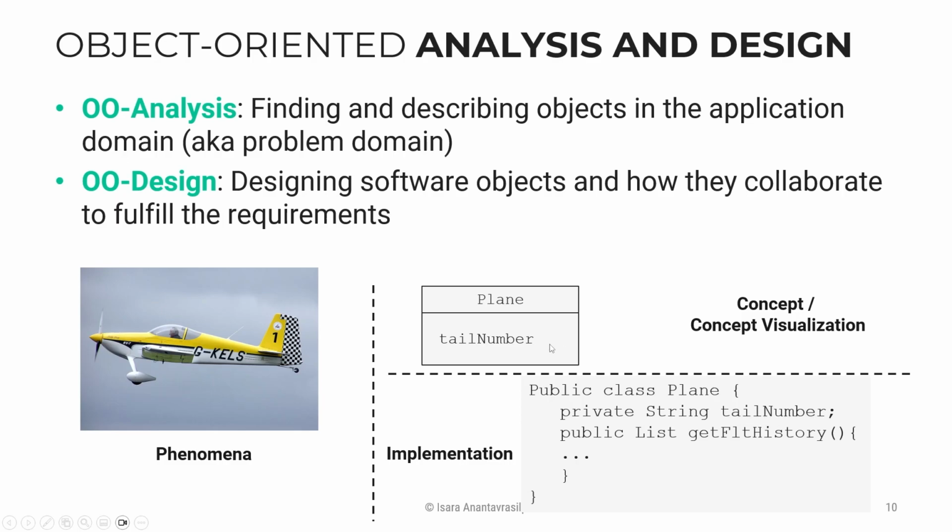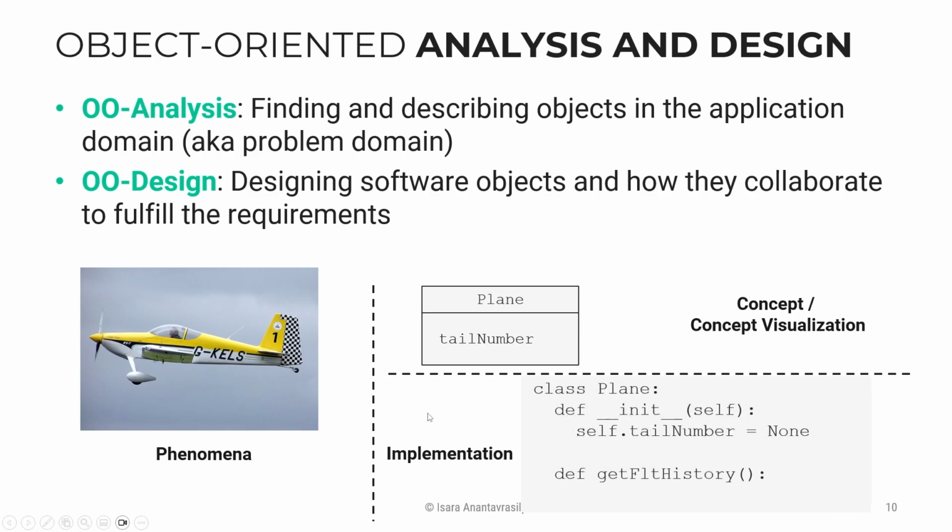Right here in Java we say private String, which says that this tail number is a string, and it's a private attribute, so nobody else can see this tail number unless this plane allows it. And it could do more. It could get flight history, it could fly, it could go to a destination, serve food, whatever. All right, now this is Java.